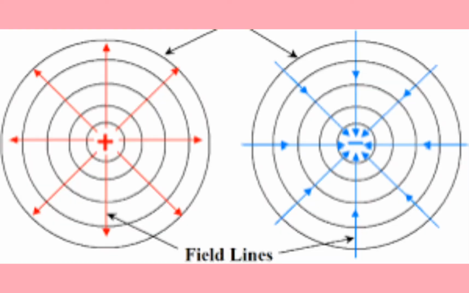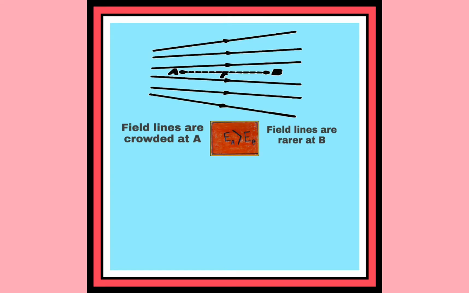The density of the electric field lines measures the intensity of an electric field. Where the electric field lines are more crowded, the intensity is more, and where the electric field lines are less crowded, the intensity of the electric field is less.